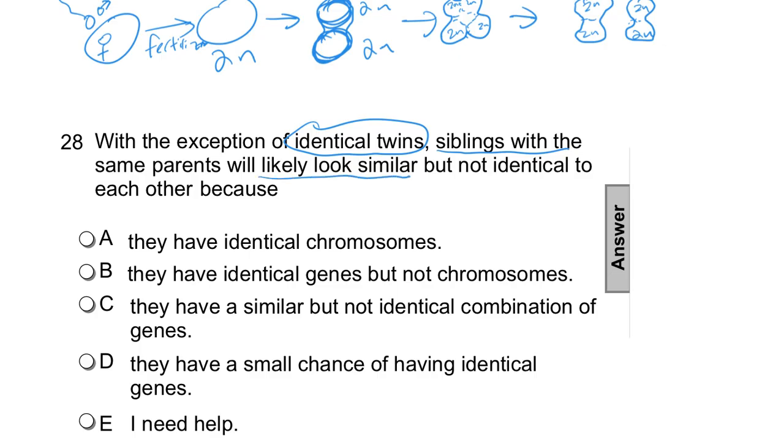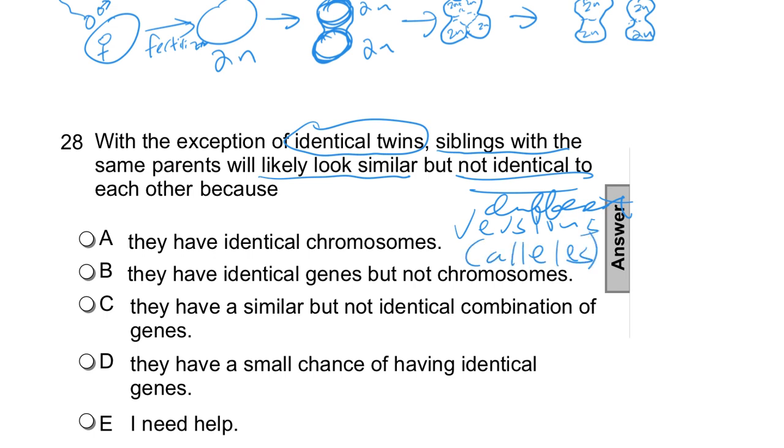They might look similar, but they're not identical. They share all the same genes that the brother or sister has, but they have different versions of the genes, same genes, different versions of the genes, which we call alleles.